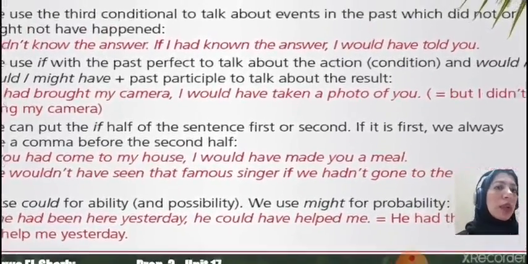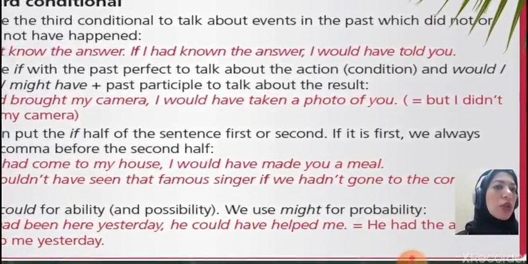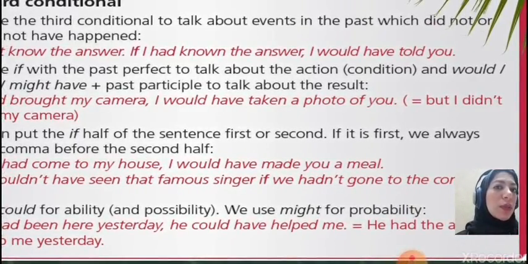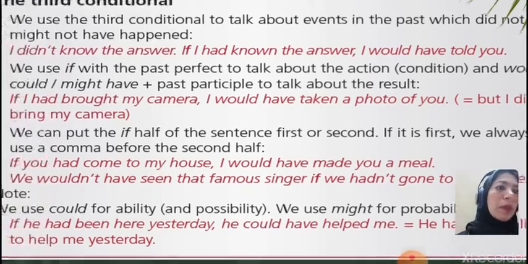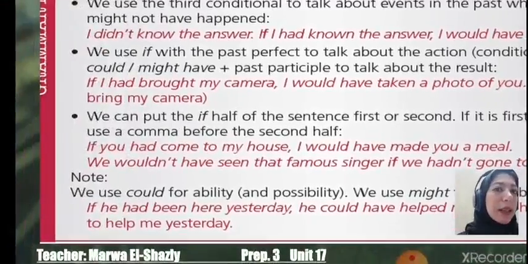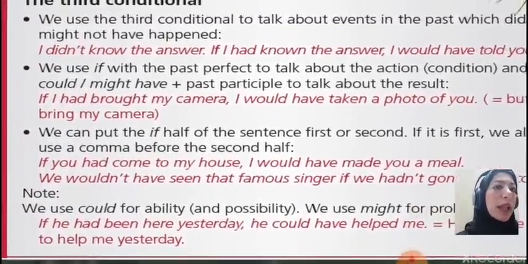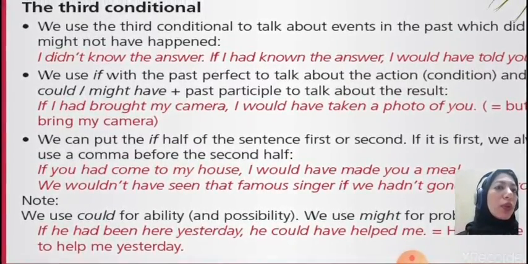So this result, taking a photo of this person, is based on the condition, which is also impossible because the speaker didn't bring their camera. How can this person take a photo while he didn't have his camera?